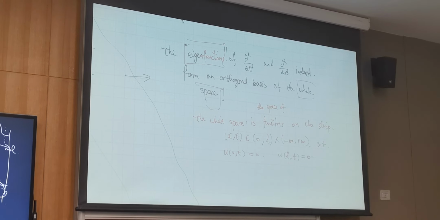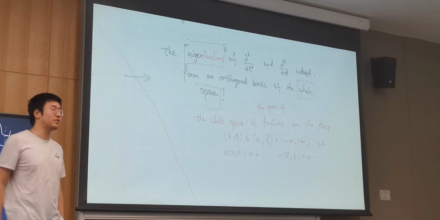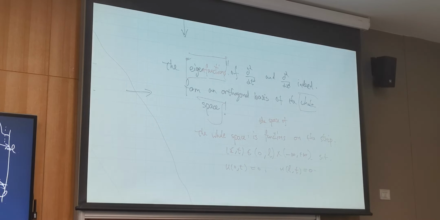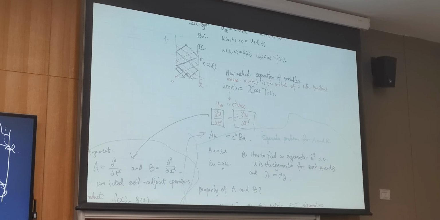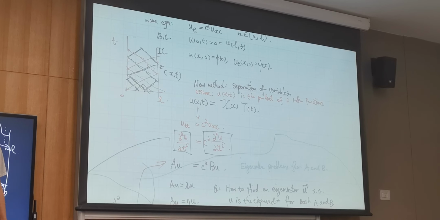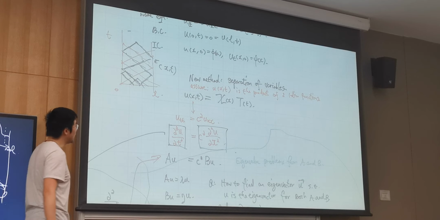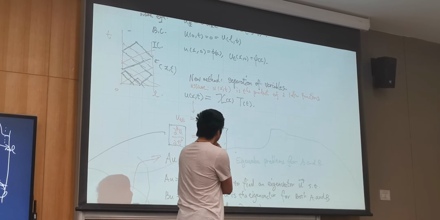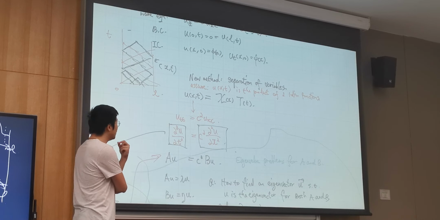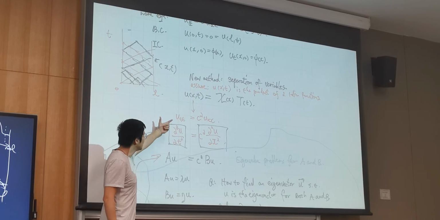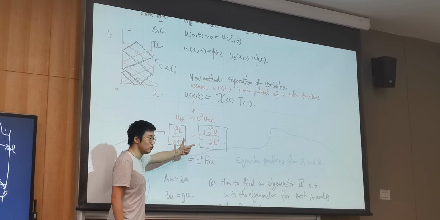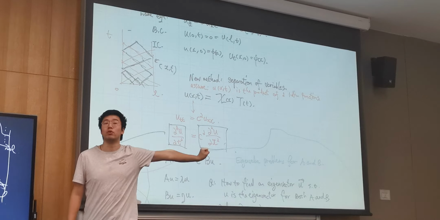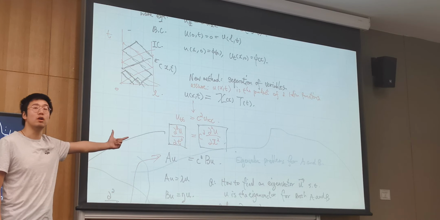Okay, so now with this in mind, first of all, the analogy in linear algebra suggests that we seek the eigenfunctions for these two operators.